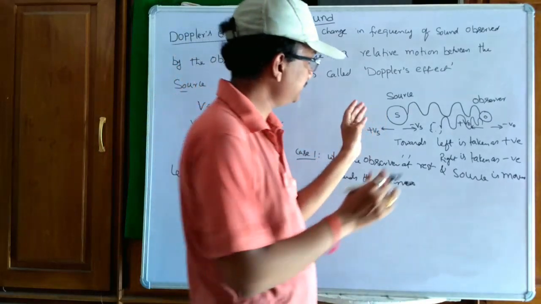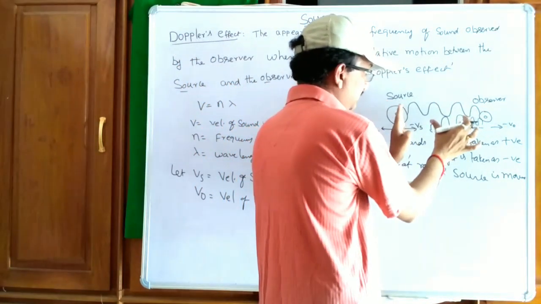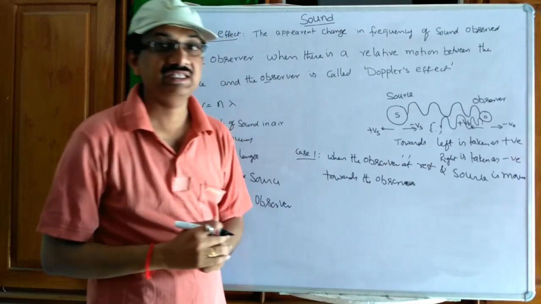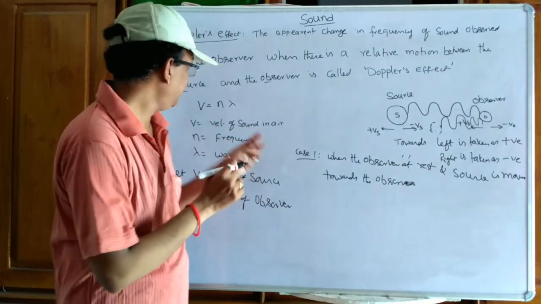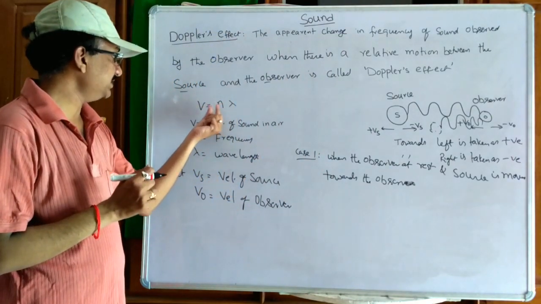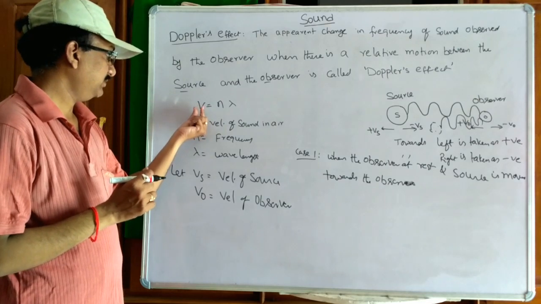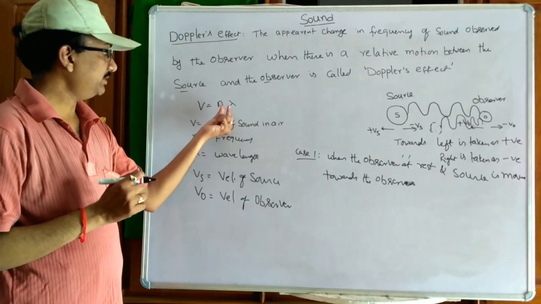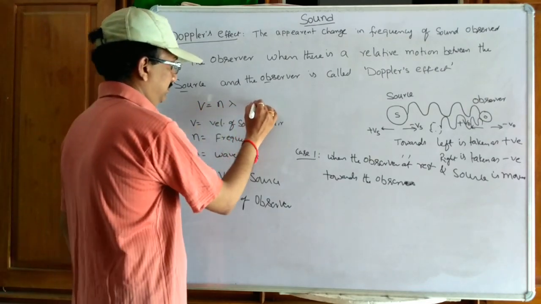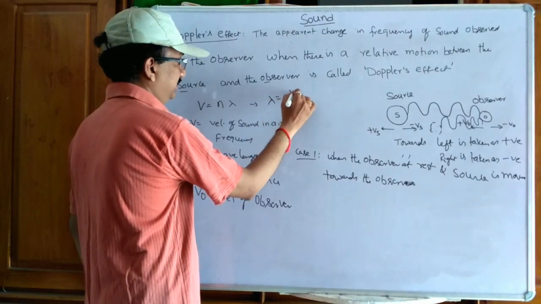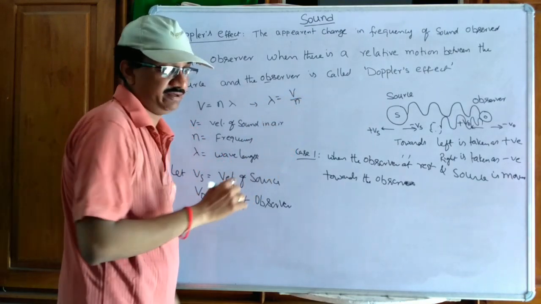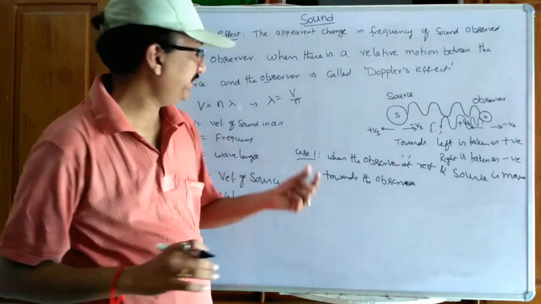Then what happens? The wavelength changes. Here we know V is equal to n lambda, so lambda is equal to V by n.